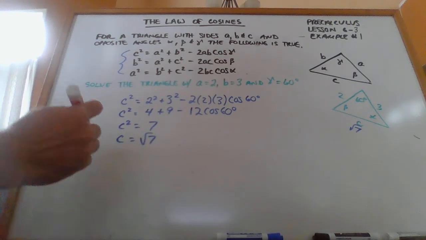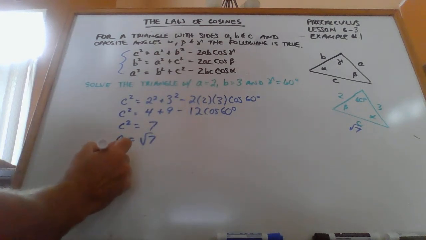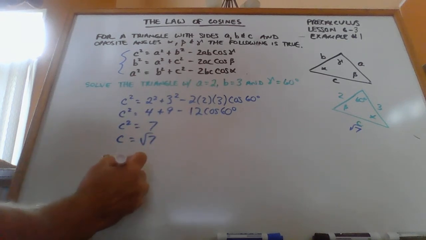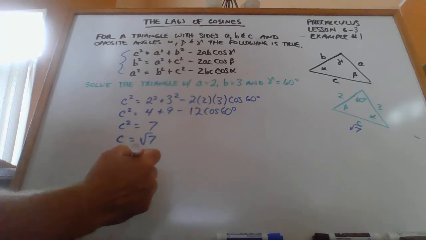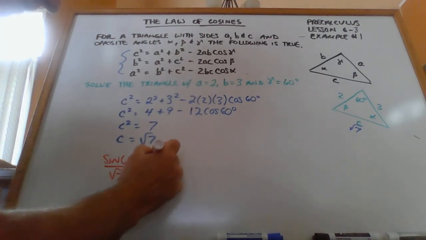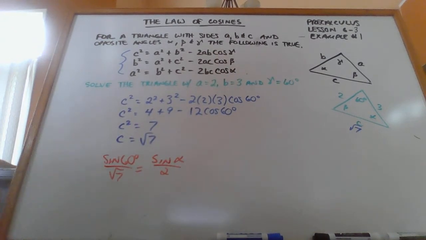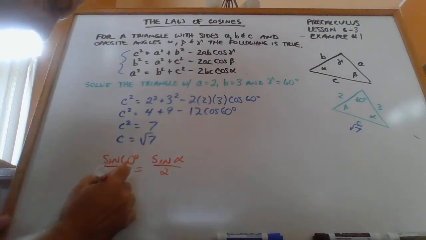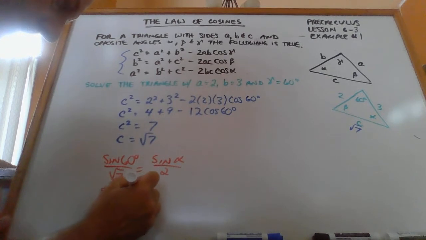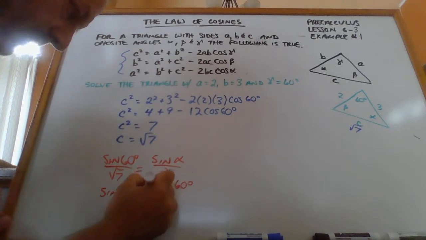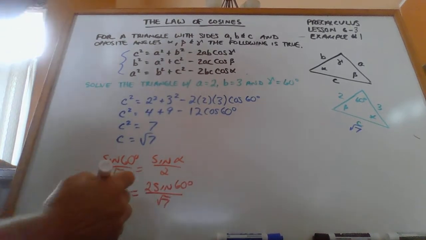Okay, so we can go back and go, okay, well, sine of 60 over the square root of 7 is going to equal the sine of alpha over 2. And here's my variable. So sine alpha is 2 sine 60 degrees over the square root of 7.